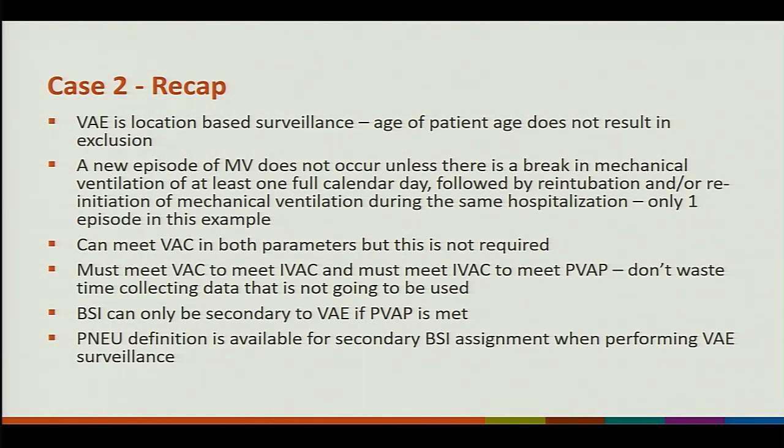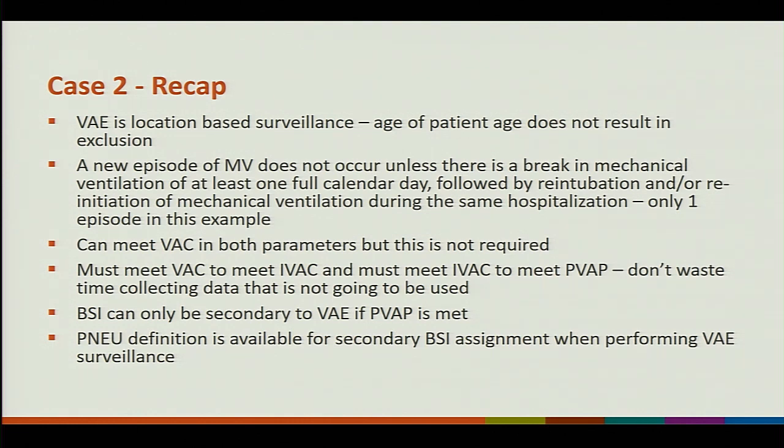So just a reminder, don't waste your time collecting a lot of data on the patient or spending time going through the chart looking for labs and white counts and temps if you haven't met the VAC. Conserve your energy.